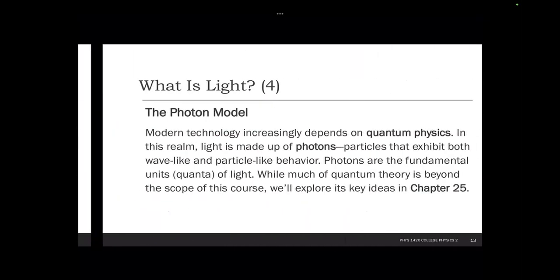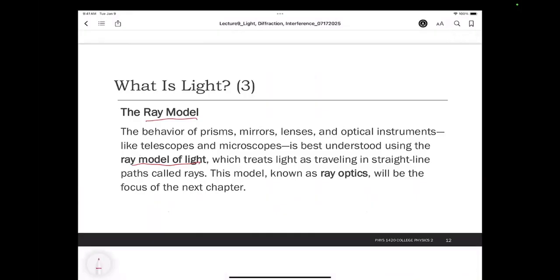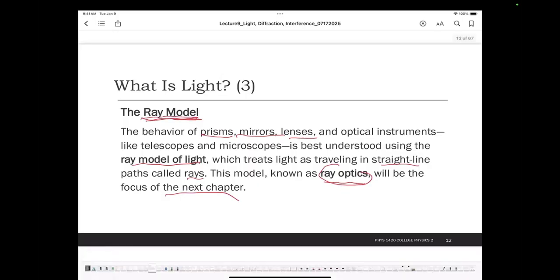So we can try to explain things like mirrors, lenses, prisms and optical instruments using the ray model, which treats light as traveling in straight-line paths called rays. This model is known as ray optics. We will focus on ray optics in the next chapter. In this chapter we just learn the wave model for light, and in the next chapter we will focus on the ray model. Don't worry if you are confused about this part. We will learn that.